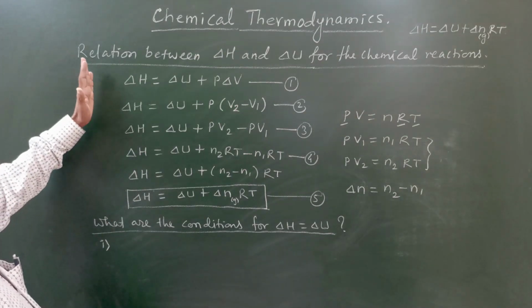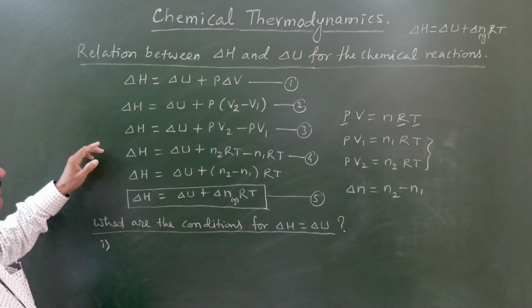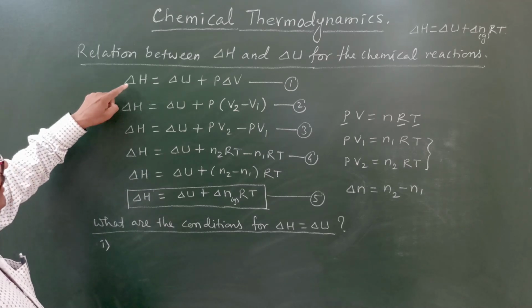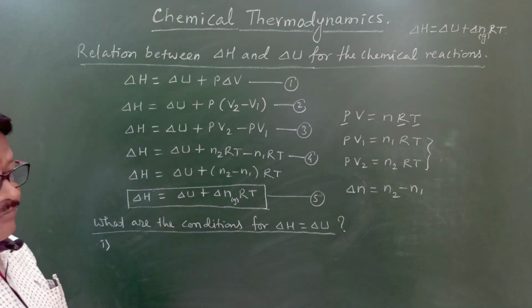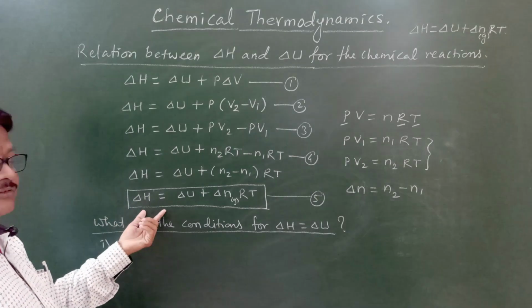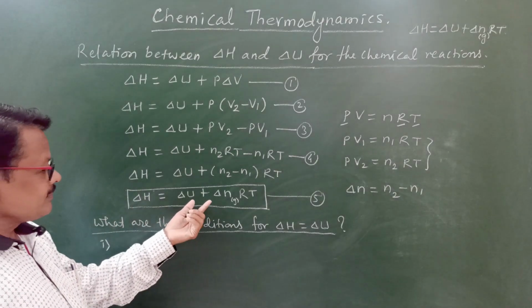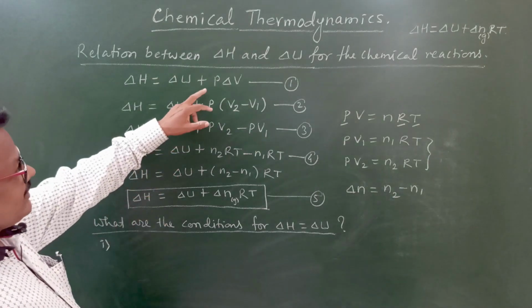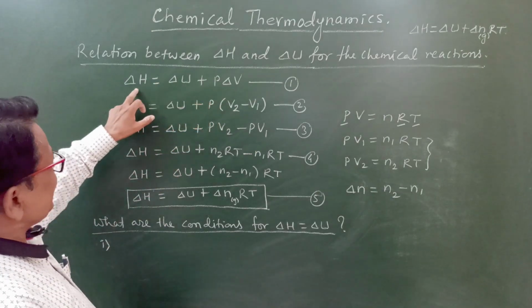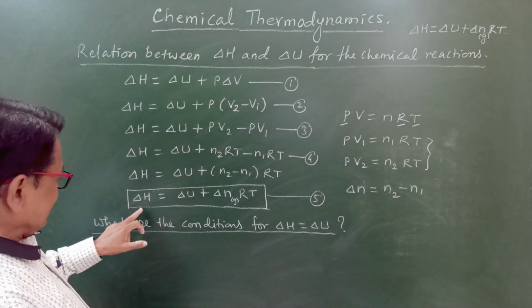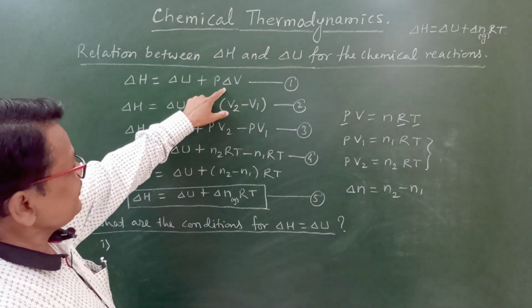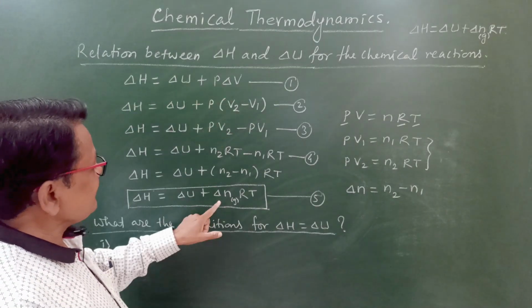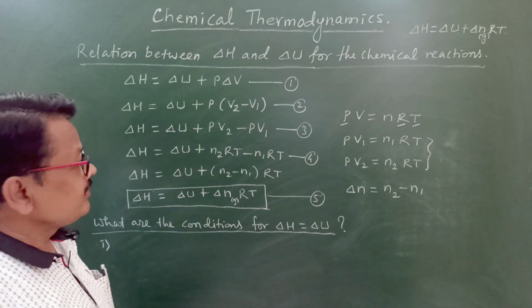in this derivation, the first equation is delta H is equal to delta U plus P delta V, and the final equation is delta H is equal to delta U plus delta nRT. You should be clear that here delta H is equal to delta U, but the difference is that here is the P delta V term and here is the delta nRT term.